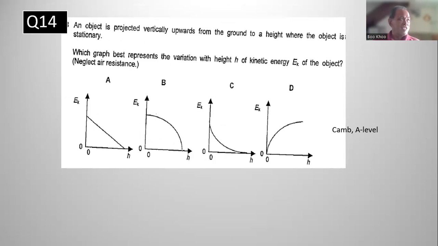Remember potential energy, if you drop the object, is a straight line, with maximum potential energy at the top. Now you throw it up, so kinetic energy is maximum initially, converted to potential energy, and finally it will be 0 kinetic energy. So it cannot be this answer. The answer is A.